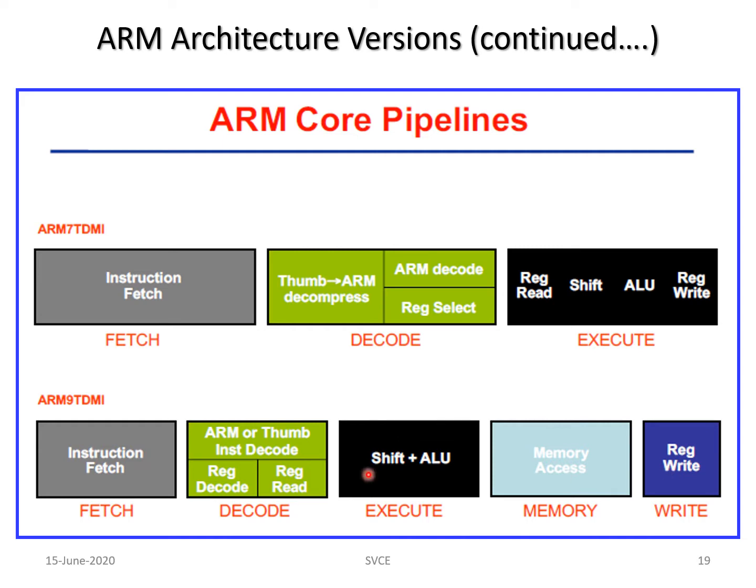So here the time taken by the complex stage, the one we are considering as the decode stage, will be very less. The time taken by this decode stage will be less compared to the previous architecture. Because of this, the clock period is also reduced. When the clock period is reduced, the clock frequency increases.